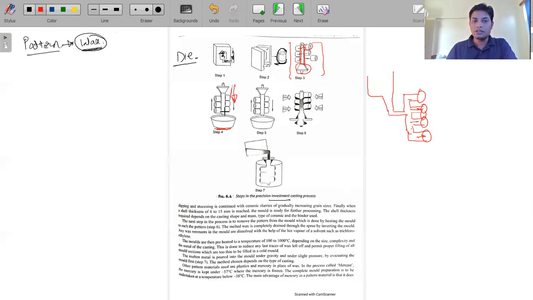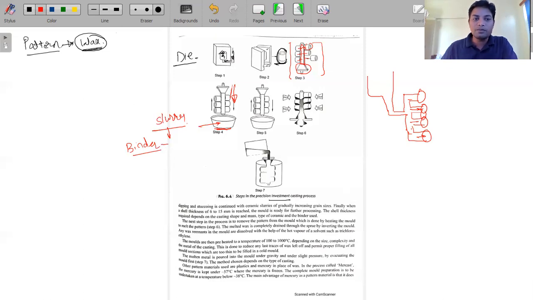Once you dip it inside, or you can also say, here we are using the slurry. This slurry is nothing but binder, we can say. Slurry means a semi-solid kind of material, where liquid material is there and solid particles are also there.